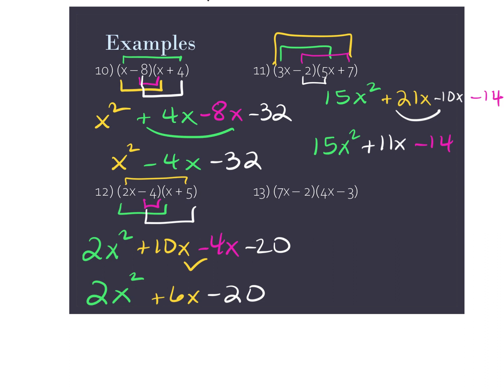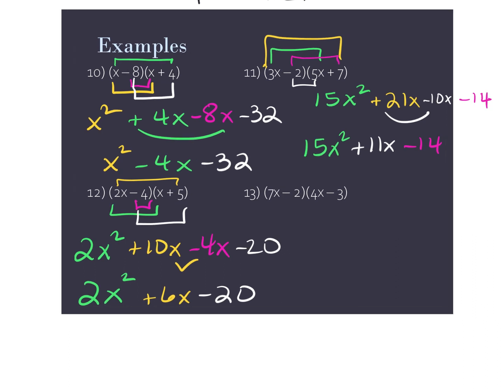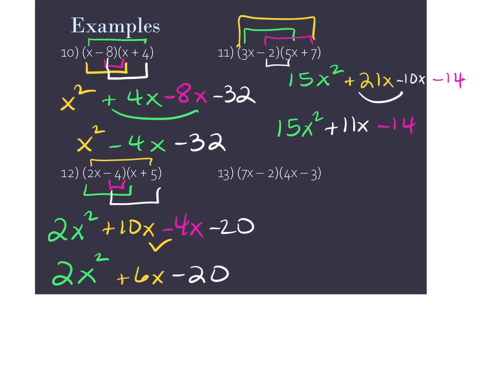The last one, exactly the same thing. Distribute or FOIL it. 7x times 4x is 28x squared. Then multiply the 7x to the negative 3, negative 21x. Then go the negative 2 to the 4, negative 8x.